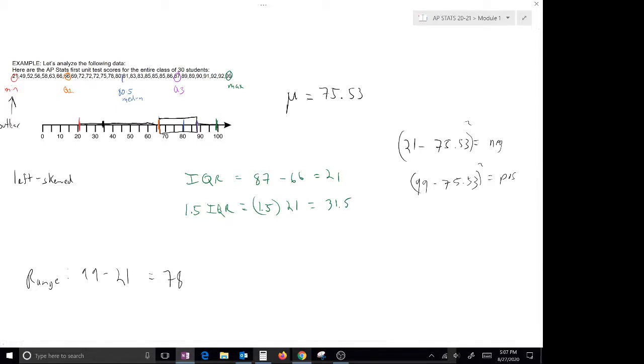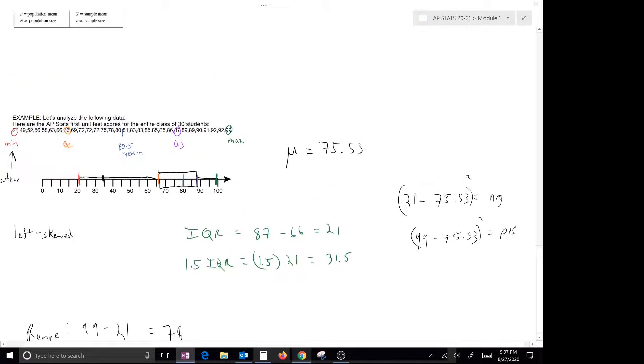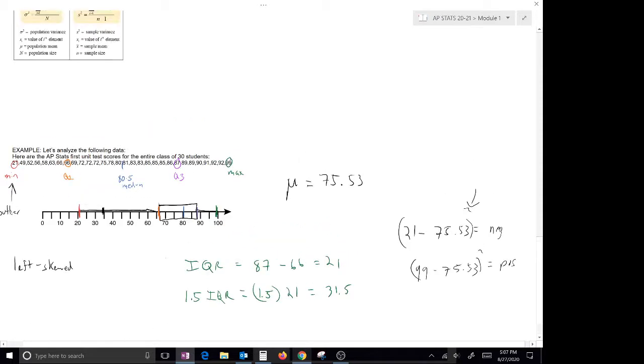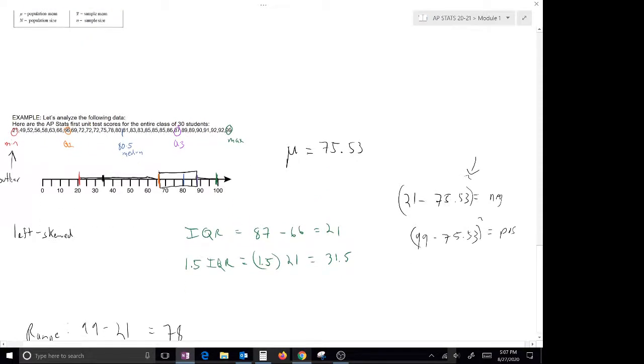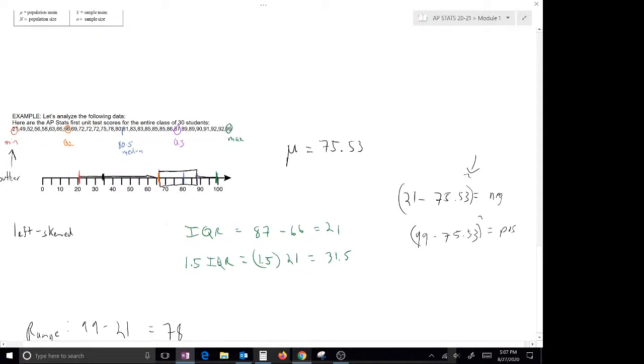Variance gives us some idea of how much we're spread, but because it's a value that is squared, the further numbers, like this 21, are going to have a much bigger squared deviation from the middle than, let's say, the 80 would.